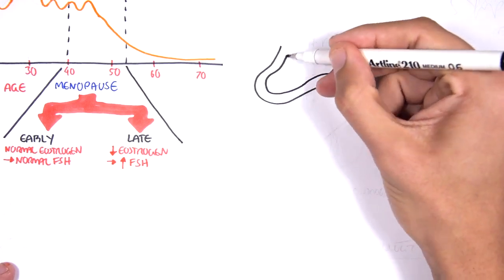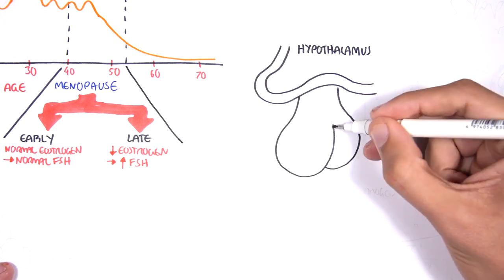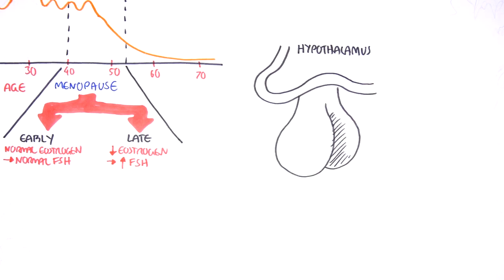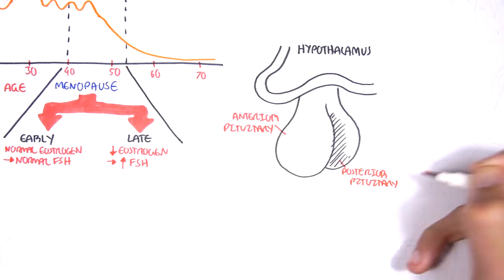So here is the hypothalamus, an important endocrine tissue in the brain. And below is the pituitary gland, another important endocrine tissue made up of the anterior and posterior lobes.